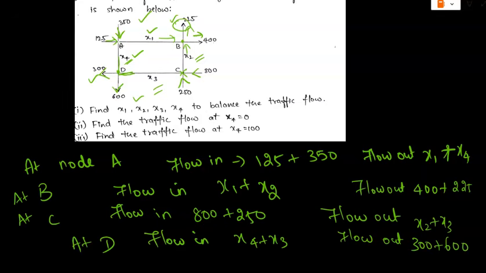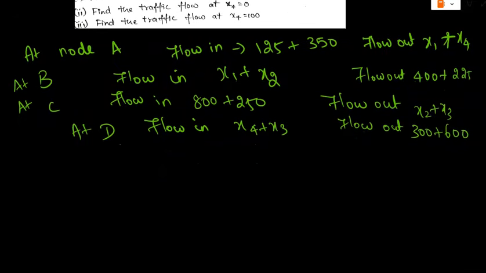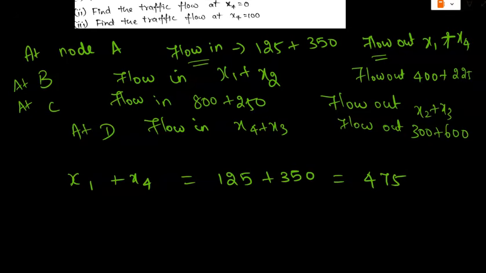Now we are going to write this as an equation, where flow in is equal to flow out. By using that assumption, we will get the equations. What is the first equation at A? x1 plus x4 is equal to 125 plus 350, which is nothing but 475.